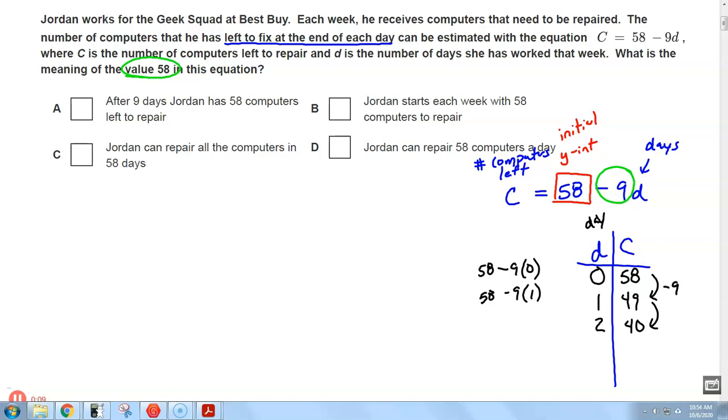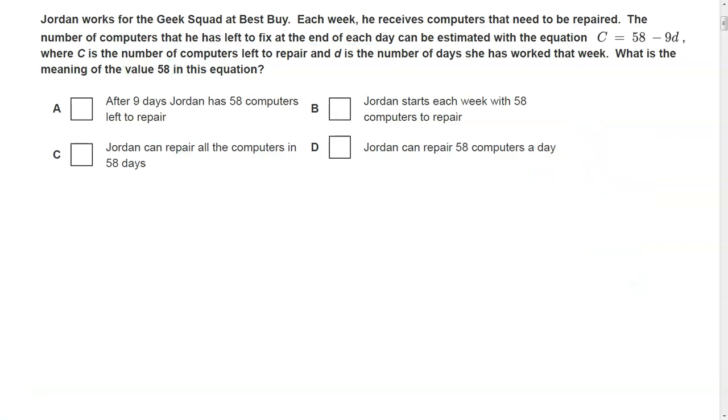We're dropping by 9 computers every single day. So the 58 represents what we start each week with. The correct answer here was B. It may not have been B on everybody's test, but the correct answer was that Jordan starts each week with 58 computers. All right, next question.